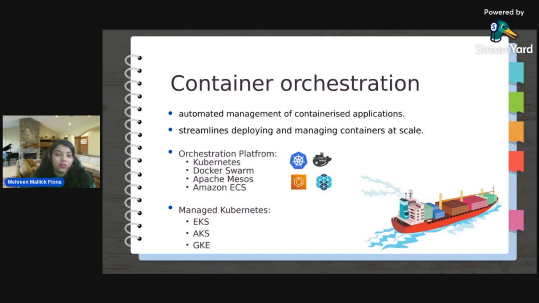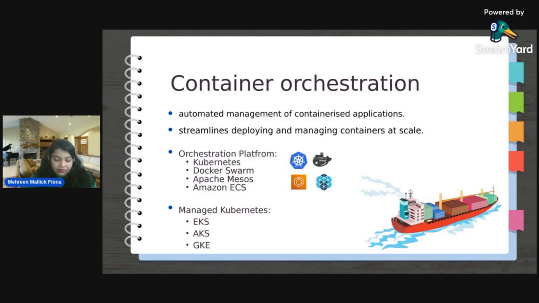Let's begin with the most popular one, Kubernetes, the powerhouse of open source, which is associated with Google. It has a very popular fan base because it has a vibrant community and an extensive feature set. It is known for its flexibility and a good community.